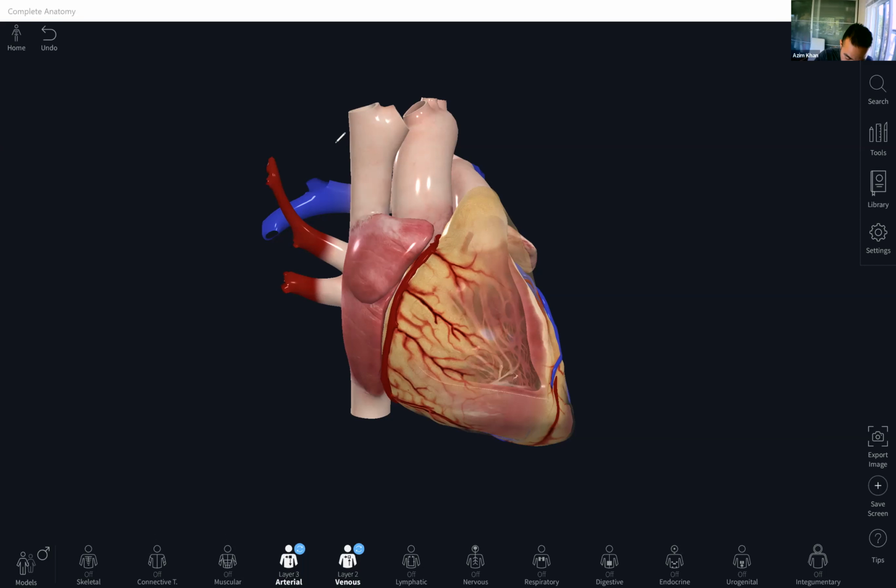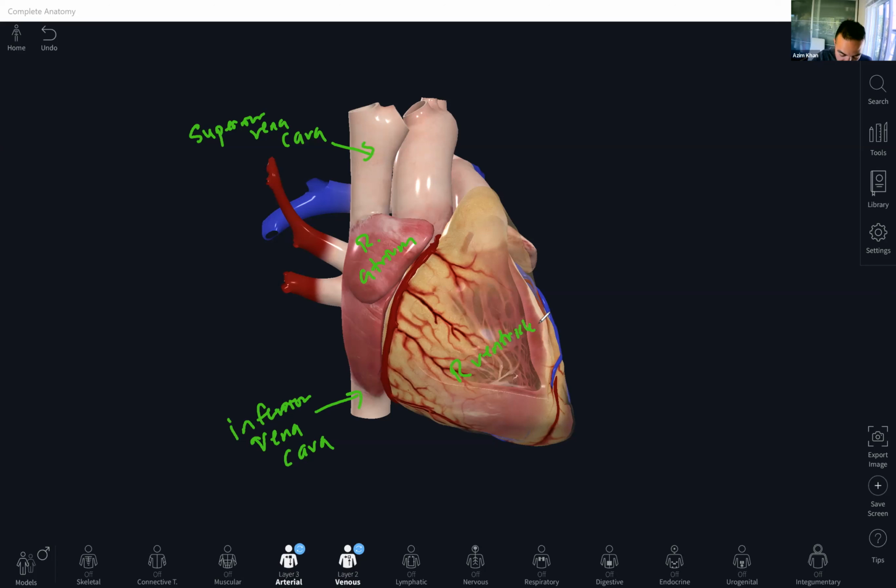This is the superior vena cava. Here's the inferior vena cava. The right atrium, right ventricle.